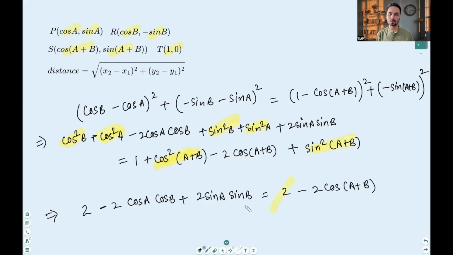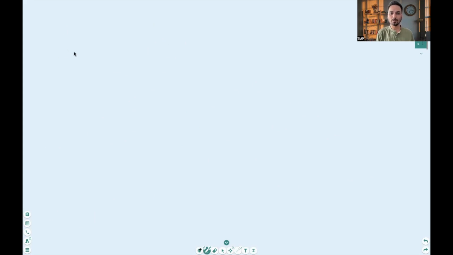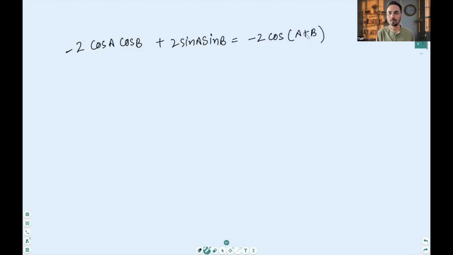Further, we can cancel out 2 on both sides. That is, by subtracting 2 on both sides, you can cancel out that 2. So we are left with minus 2 cos A cos B plus 2 sine A sine B. And on the right hand side, we are left with minus 2 cos (A plus B). And we are trying to find cos (A plus B).